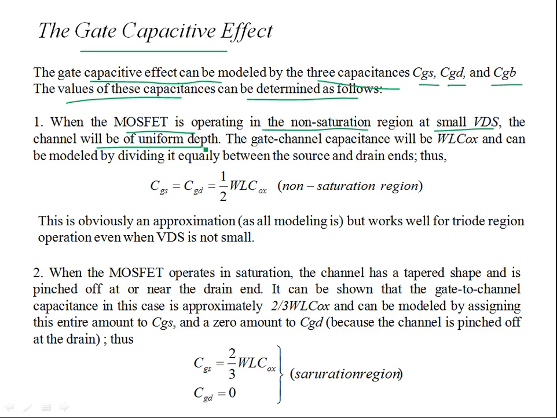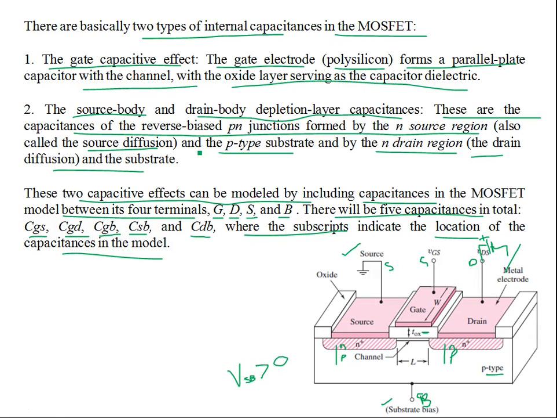So we say that the channel is pinched off at the drain, so there is tapering off. But as long as VDS is small, the channel is of uniform depth, so we say that the channel is not tapered off.